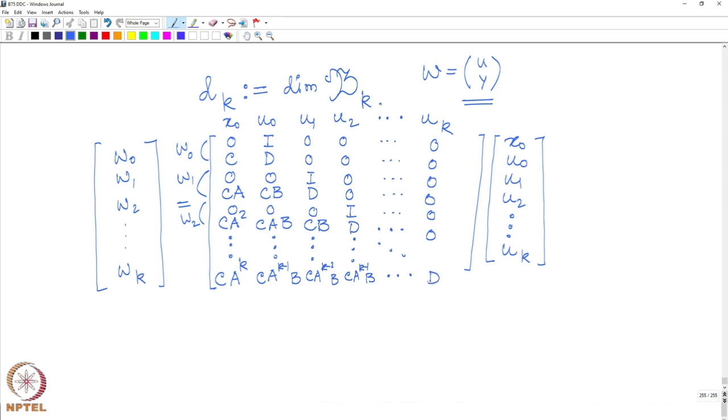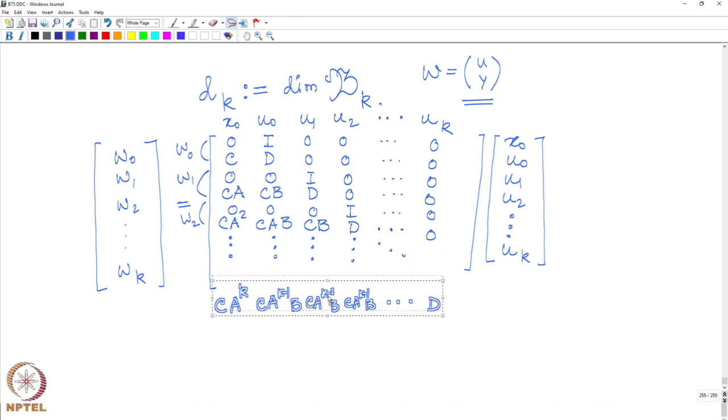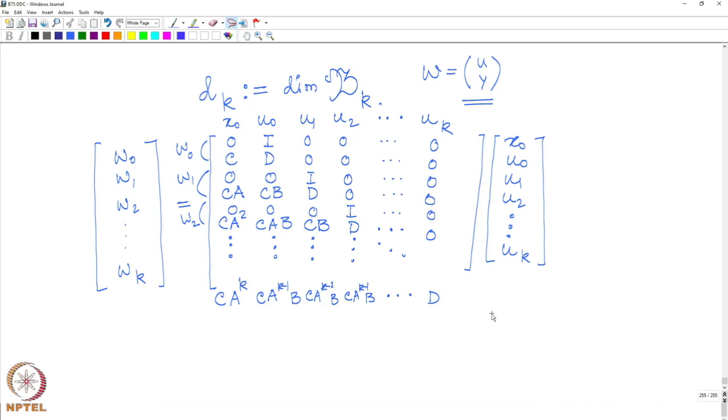But I have actually skipped one row in my zeal to complete this matrix. I forgot, so I have to move this down a little bit, two below it, right. This should be okay. I need to have 0, 0, 0, 0, up to identity also here, right, because Wk's first row is uk.